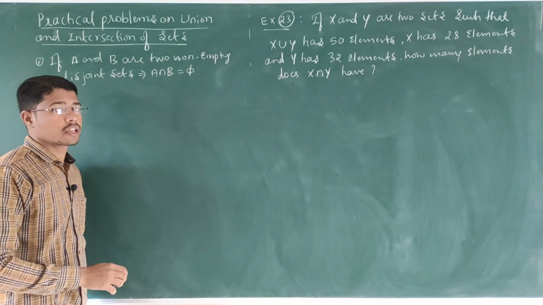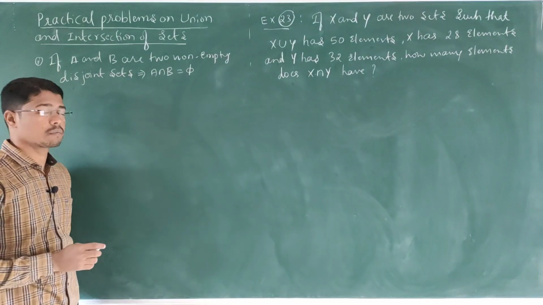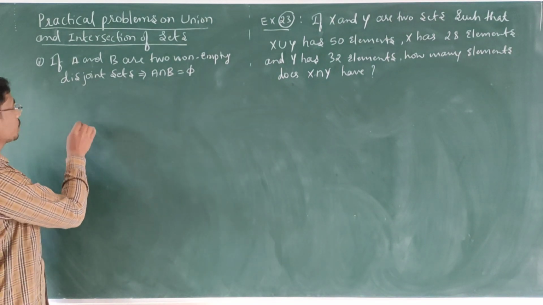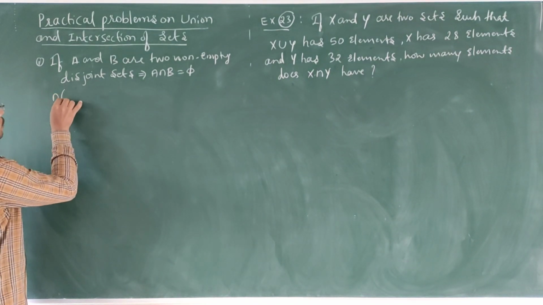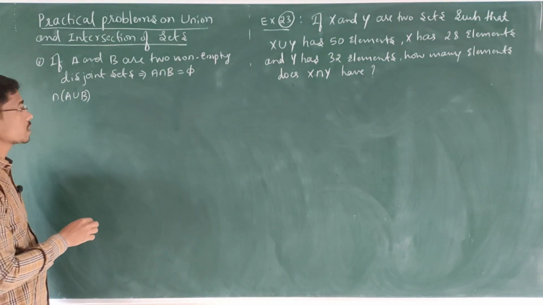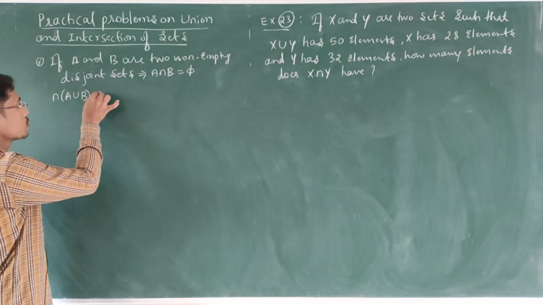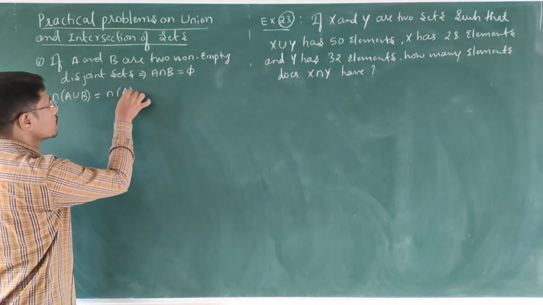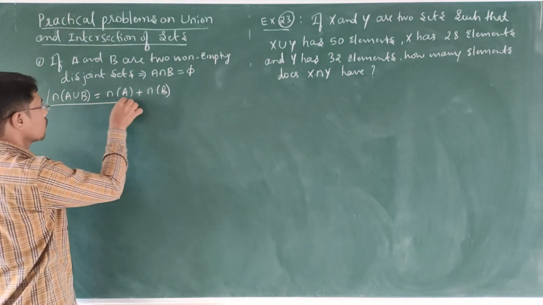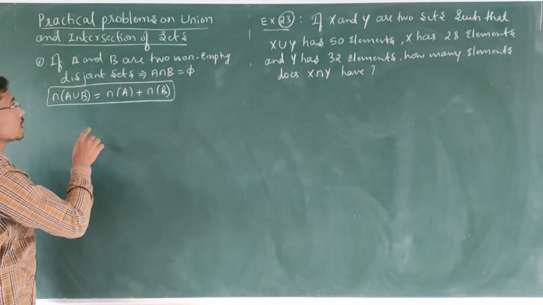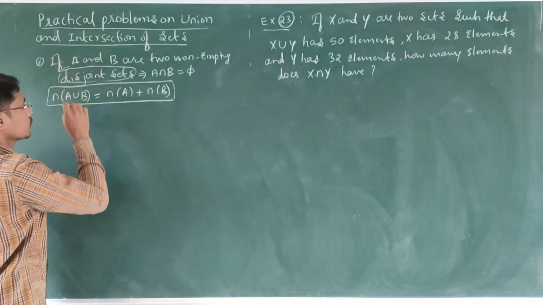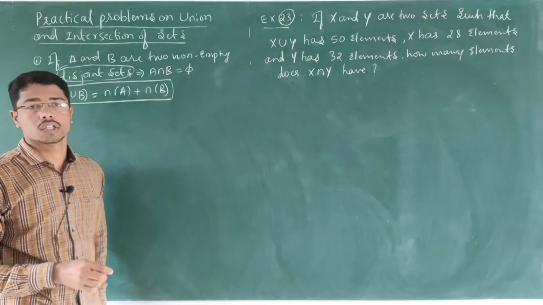There is no element in A intersection B. So using that, the formula is: number of elements in A union B is equal to the number of elements in A plus the number of elements in B. This is the formula when A and B are two disjoint sets.